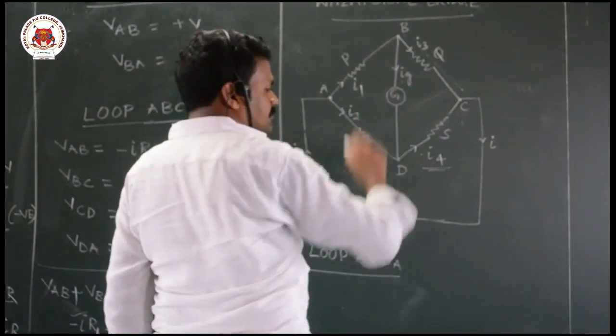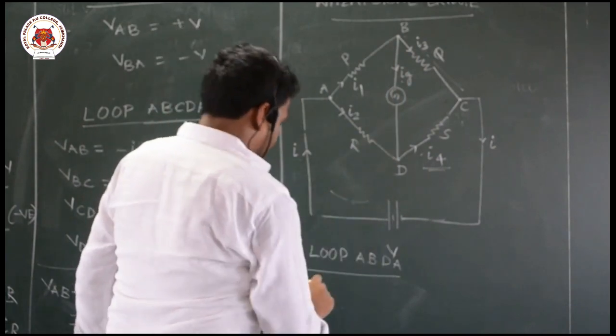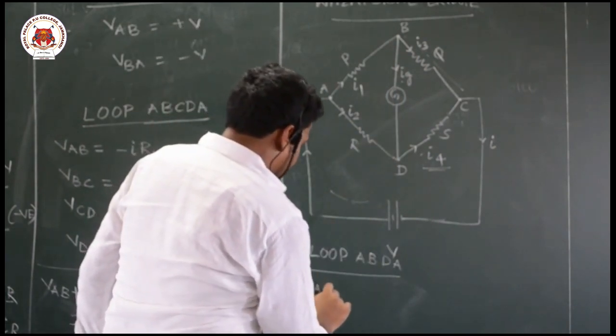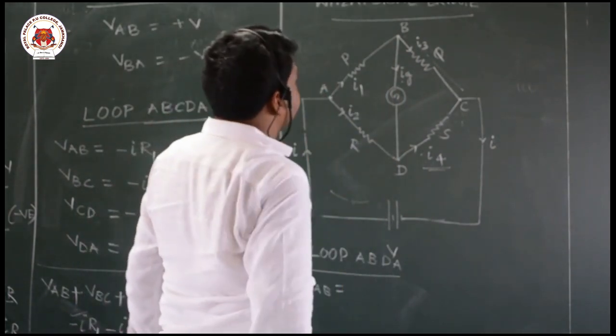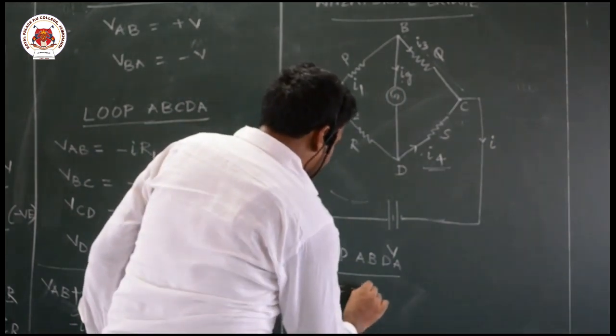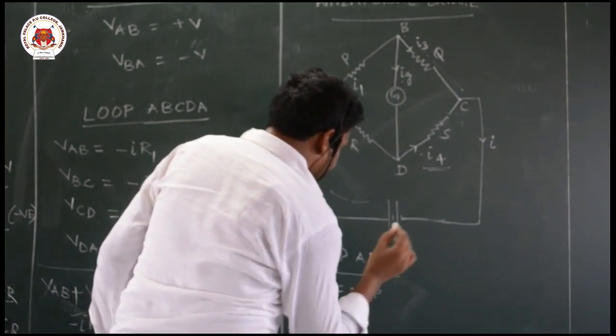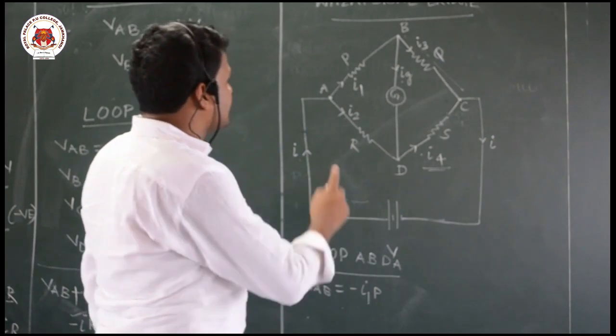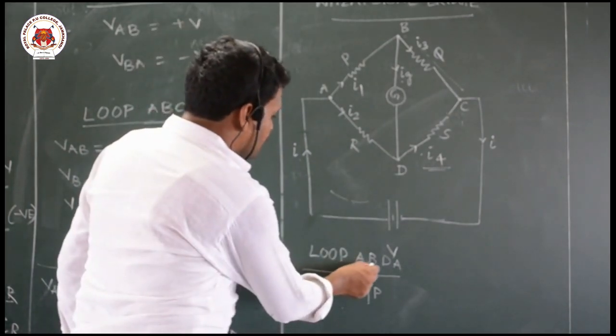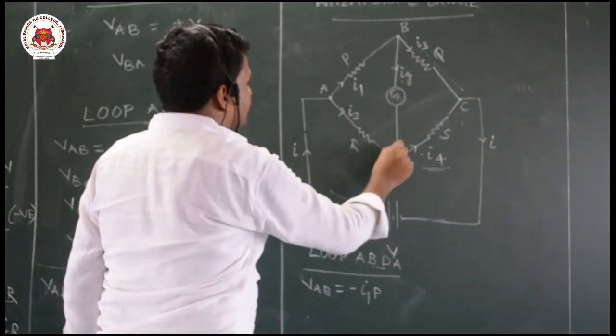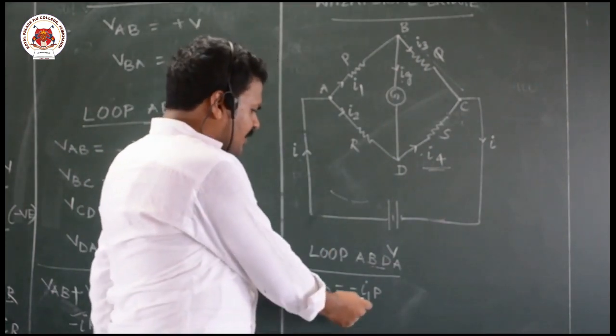Move from A to B. The potential difference across A to B is equal to minus I1 into P. Why did I take minus I1P here?